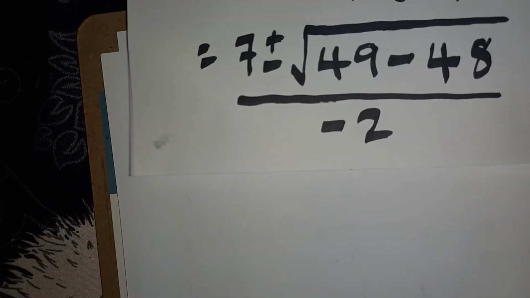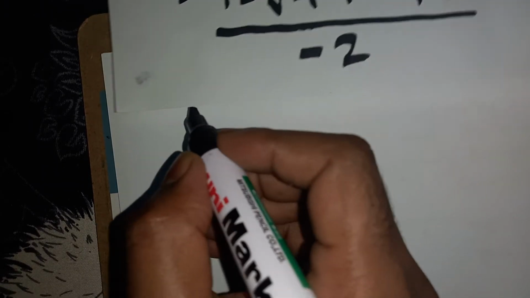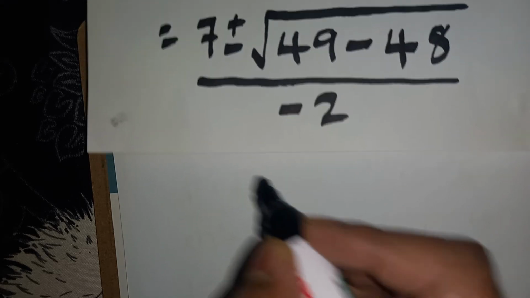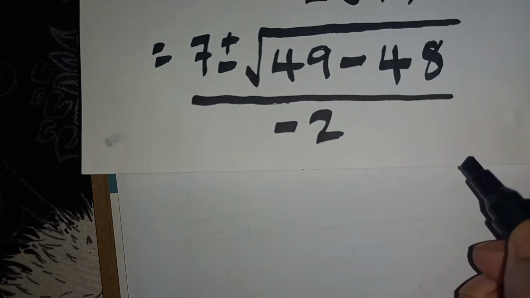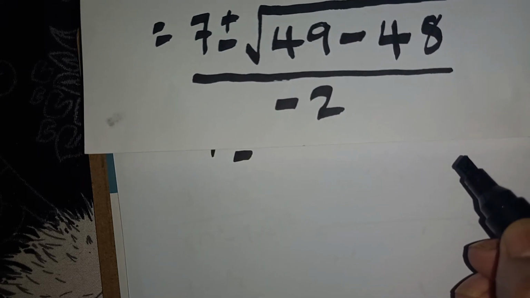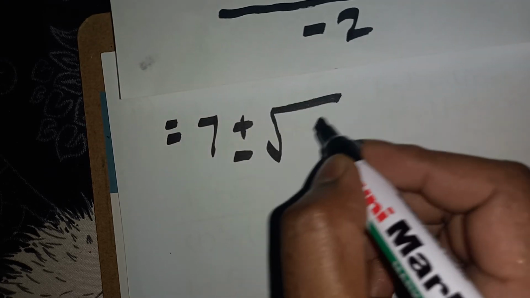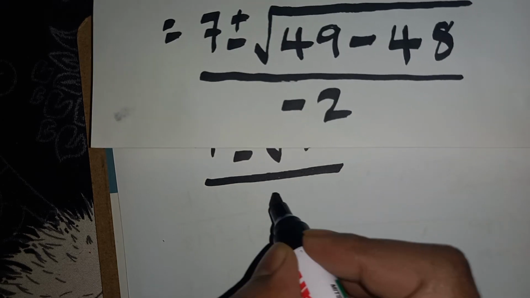Let's continue from here. That will be equal to 7 plus minus, then 49 minus 48 will be 1. So we have root of 1, and then everything is divided by negative 2.